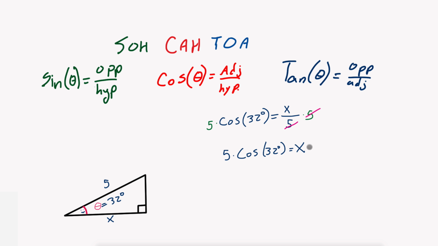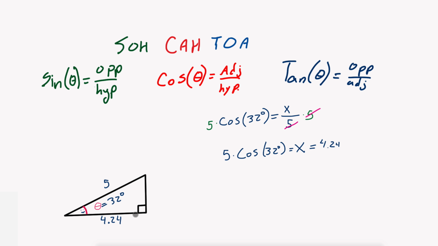After you hit enter, this will give you a measurement of 4.24. I'm going to go ahead and round to the hundredths place. It's actually much longer than this, but rounding to the hundredths place gives you 4.24. So we know for a fact that this is not x anymore. We can go ahead and write 4.24.